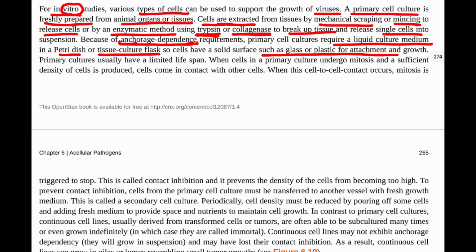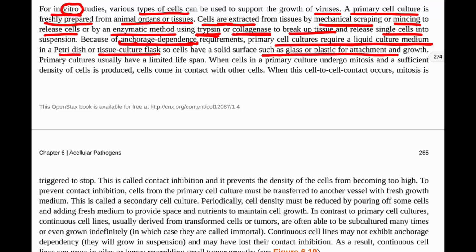So these cells need to be able to touch something to anchor them down so that they can then go through mitosis. So primary cell cultures require a liquid culture medium, so some sort of solution to be in a petri dish, or this tissue culture flask. And then they need to have some sort of surface, like a glass or a plastic surface, to attach to and grow.